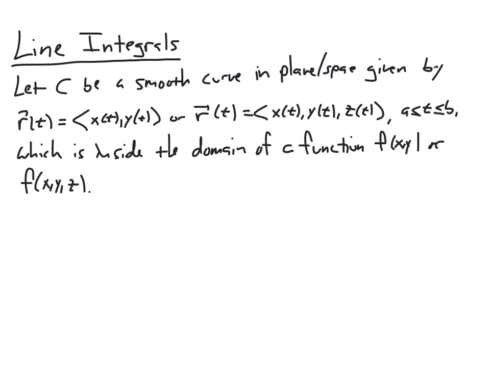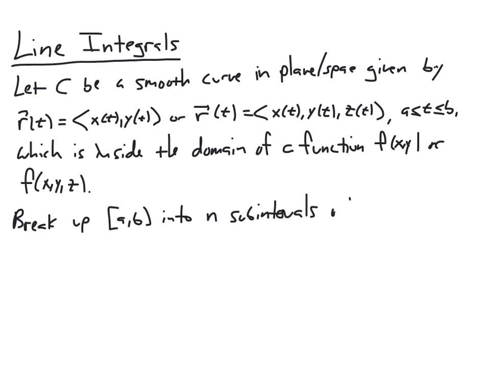And so given this function and this curve C, we are able to make an integral out of these two things, sort of in the standard way. All right, so we're going to break up the interval a to b into n subintervals for some number n, and we want them to have equal width.